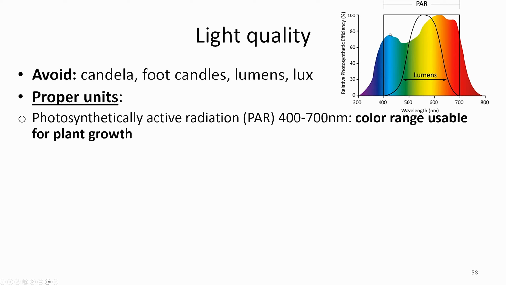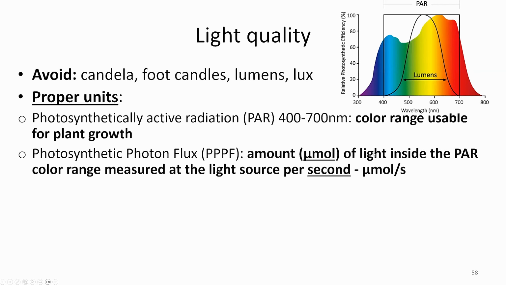So the lamp should output colors that are usable for plants in this range, 400 to 700. So that's just the color, right? Is the light giving you the right colors for plant growth? That's the first thing.